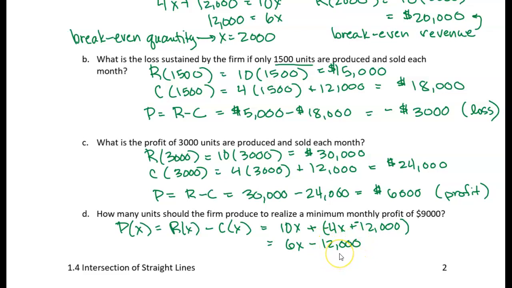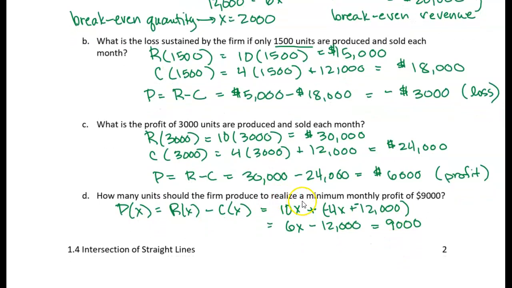Okay, so now we have a function for profit because we're interested in finding when the profit is equal to $9,000. So we'll just take that and set it equal to $9,000, right? So let's add the $12,000 to both sides, and we get 6x is equal to $21,000.